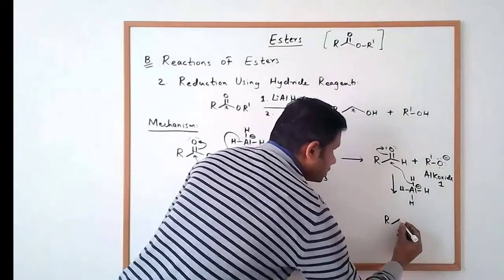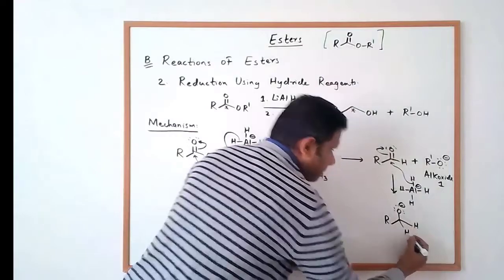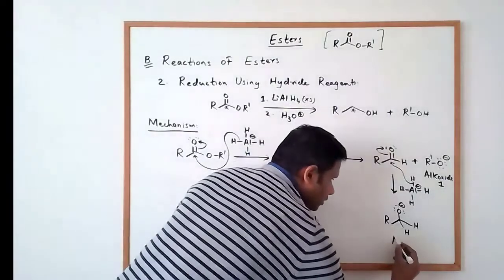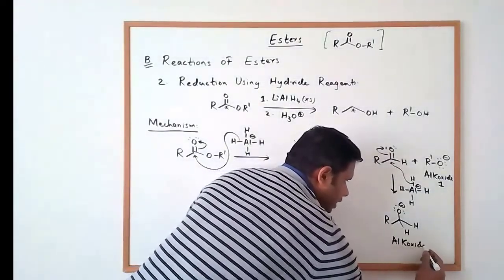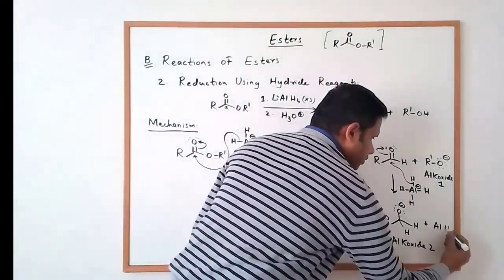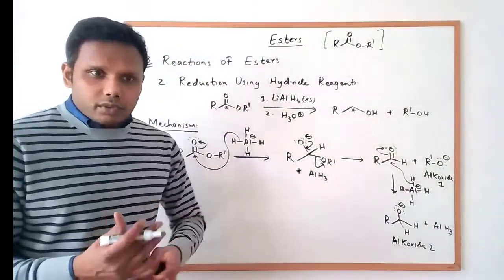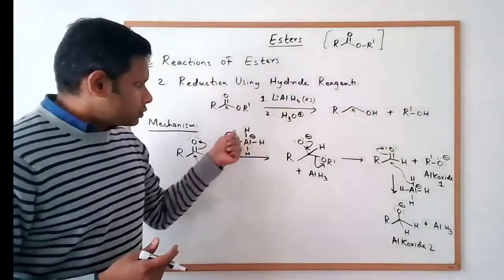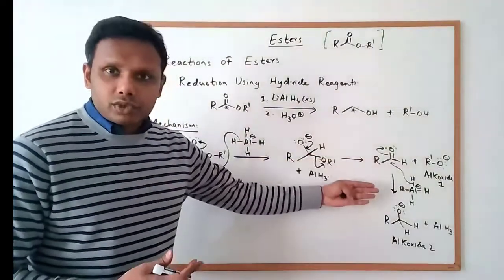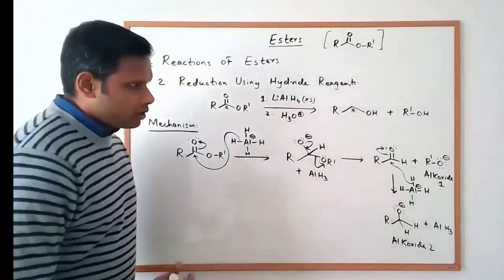That will bring us to this intermediate, which is another alkoxide. So we made another alkoxide here. This is alkoxide number 2, along with the aluminum reagent. Now, in principle, you can use all 4 hydrides in the lithium aluminum hydride, but for the sake of the mechanism, we're showing separate aluminum hydrides to work through it.